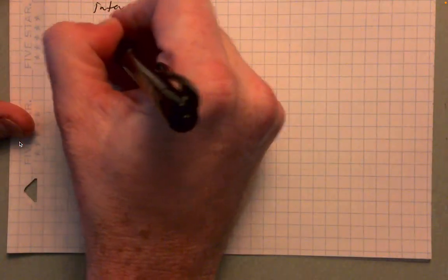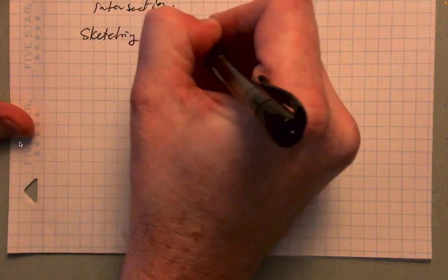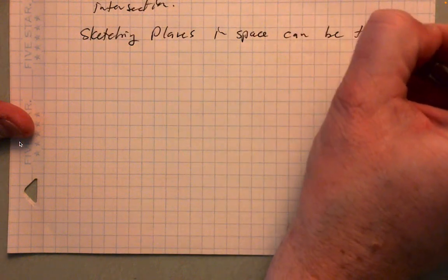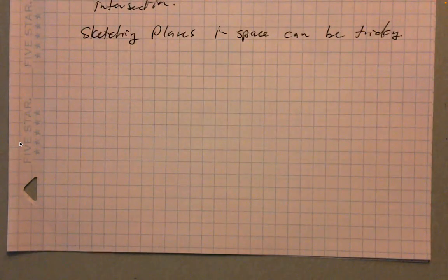Okay, so sketching planes in space can be tricky. And so one of the things that we introduce here, which will definitely come up as we're doing more and more problems, is the idea of how to sketch these things efficiently, how to develop some intuition about them. The main source of efficiency in terms of sketching planes is the idea of the trace of a plane.